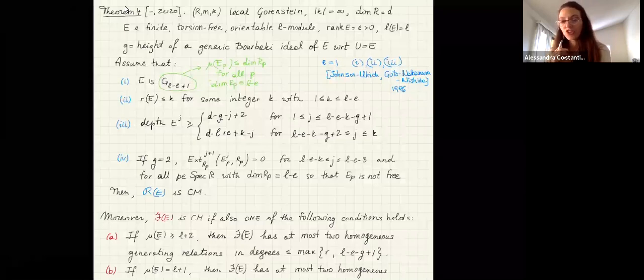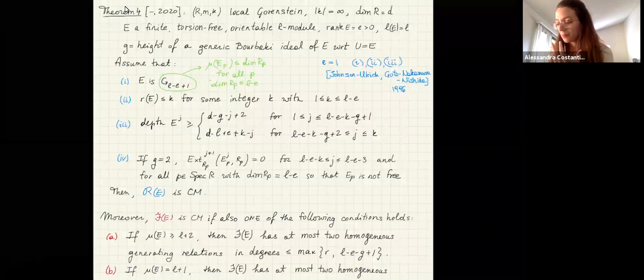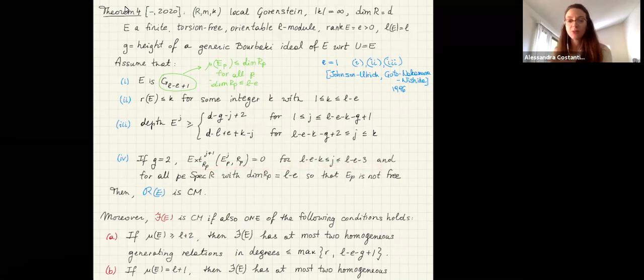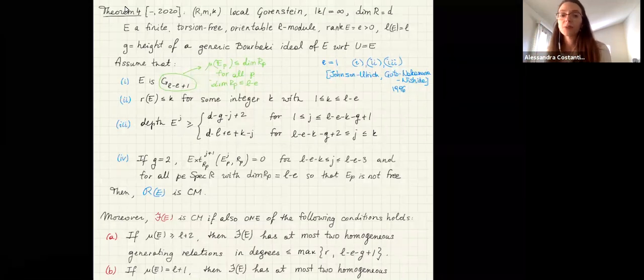But it's kind of tricky because these properties, when you define them for ideals, make a lot of sense in terms of residual intersections, but you don't have a well understood notion of residual intersections of a module. So that was kind of a tricky way. And that's why it gets these very technical assumptions. We have to play around the fact that we don't have residual intersections for modules.